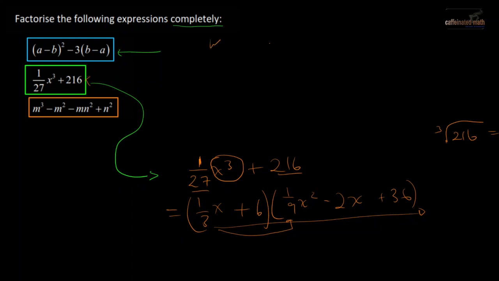So now we have m cubed minus m squared minus m n squared plus n squared. Well, let's see, try a grouping over here, there and there, because we have 4 terms.